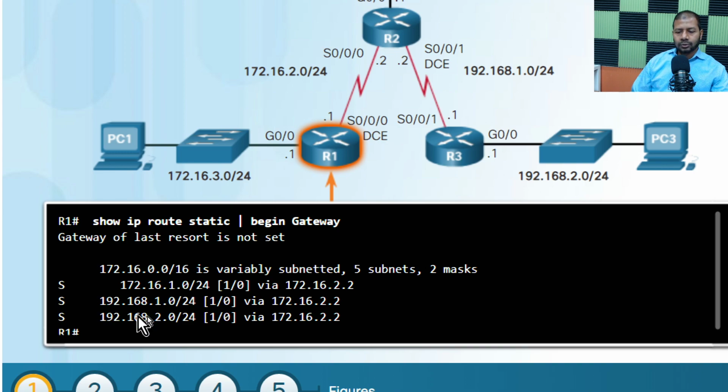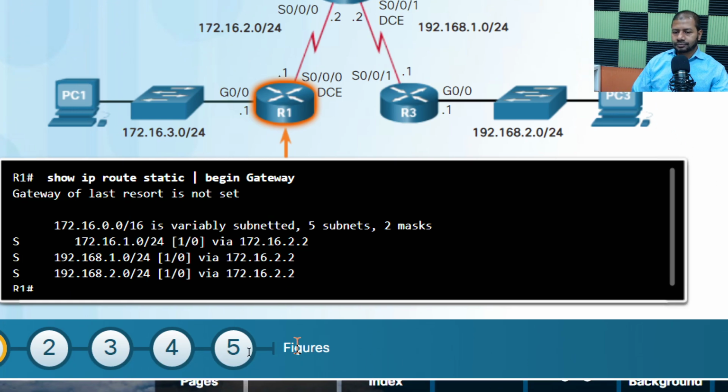So all three routes have an administrative distance of 1, because that's the default administrative distance when you manually write down a static route. Static routes by default would always have an administrative distance of 1, meaning it's very highly reliable, because a human wrote it.